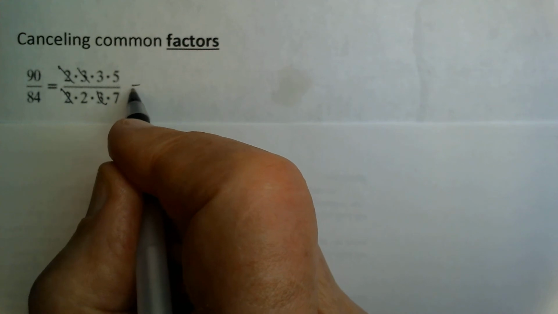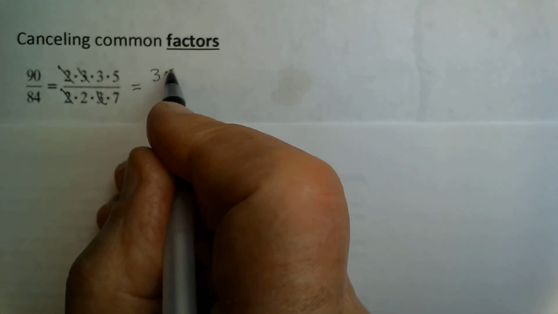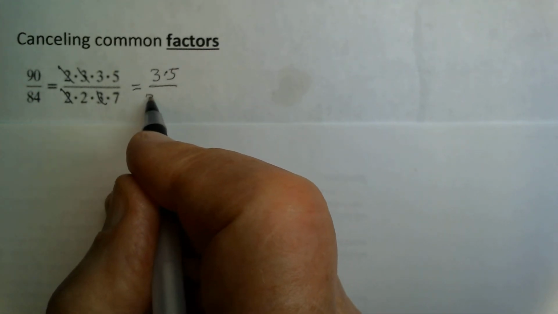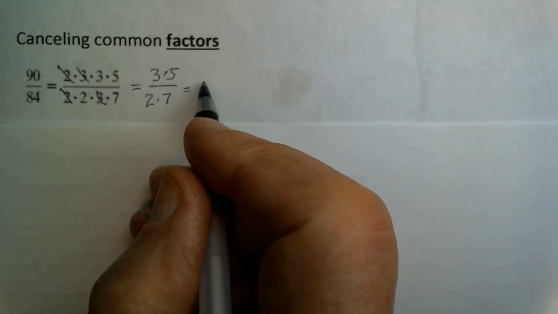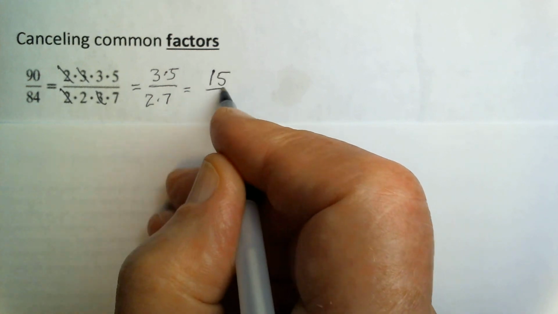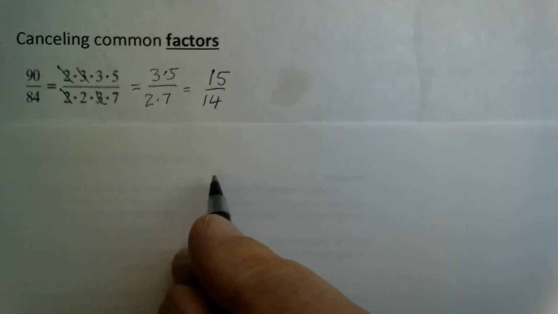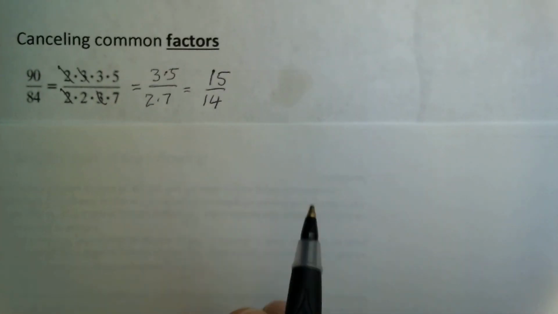And so that means in the numerator we have 3 times 5, and in the denominator we have 2 times 7, which is equal to 15 divided by 14. Again, you have to be careful that you can only cancel factors, in other words, when there's multiplication involved.